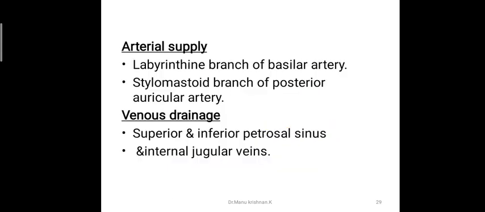The arterial supply of the internal ear: the labyrinthine branch of basilar artery, then the stylomastoid branch of the posterior auricular artery is supplying the internal ear, and the venous drainage is through the superior and inferior petrosal sinus and the internal jugular veins. So these are the venous drainage.